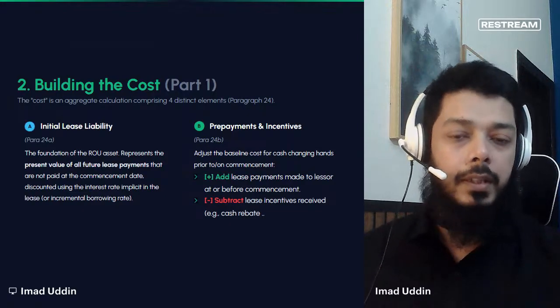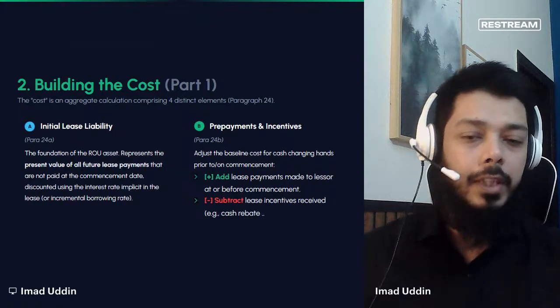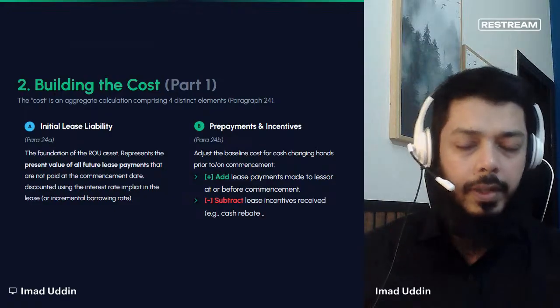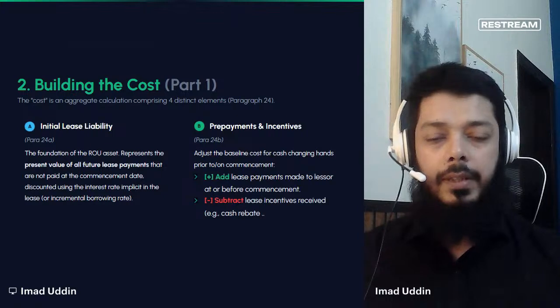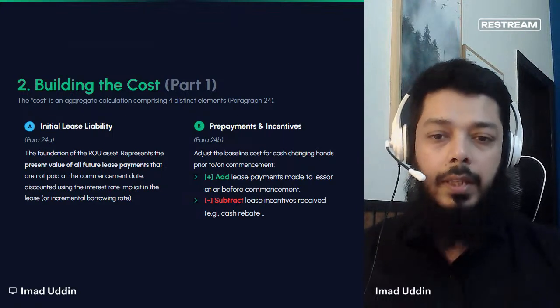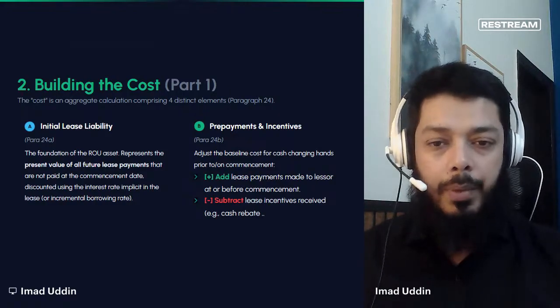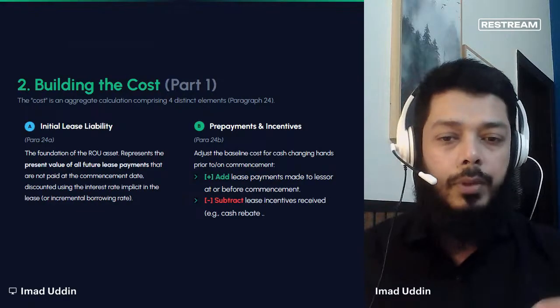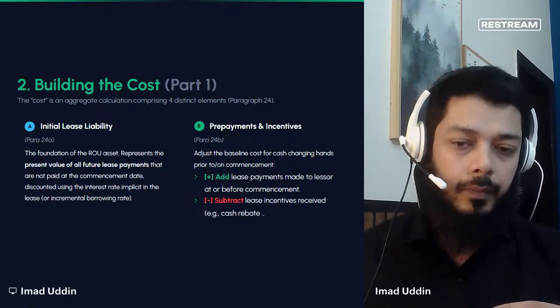Lease payments are defined in a specific way, and they exclude certain kinds of payments, for example variable lease payments that are not linked to an index or rate, but we'll come to that later on. The initial lease liability is the present value of all the lease payments that are not paid at commencement date, discounted using the interest rate implicit in the lease.